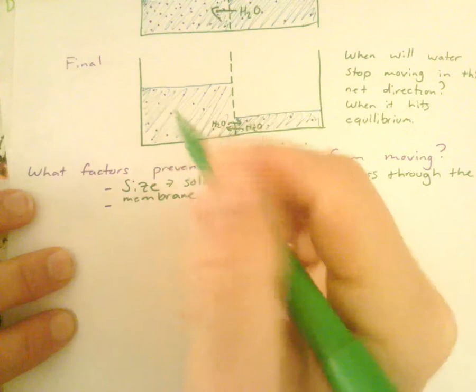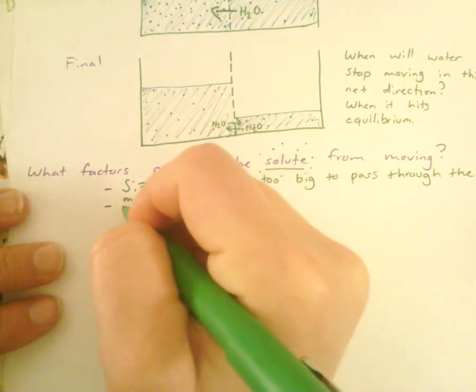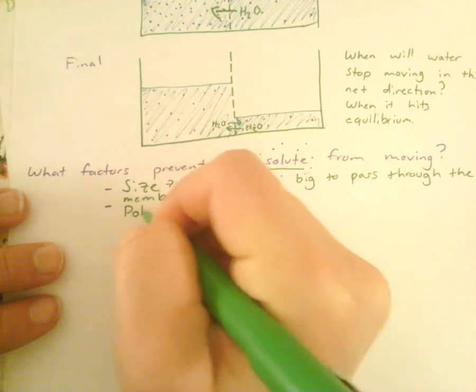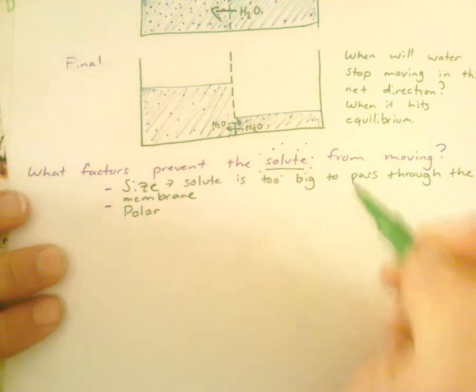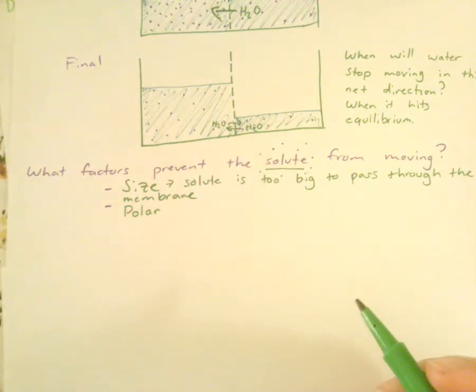For example, some people said polar molecules, because on the POGL it said that the things that could pass through were small non-polar molecules.